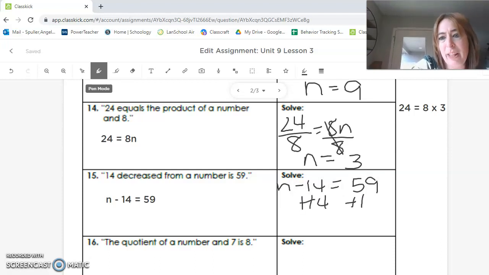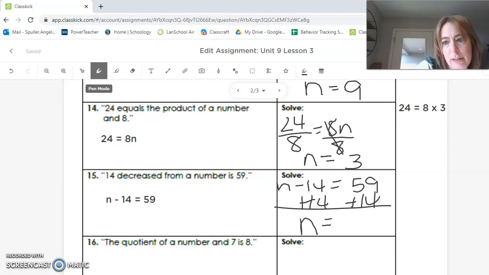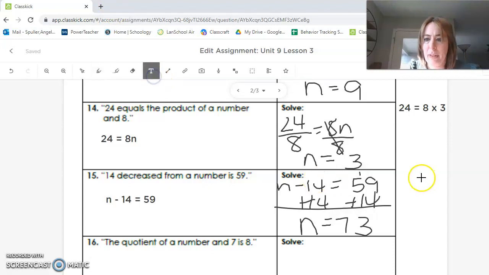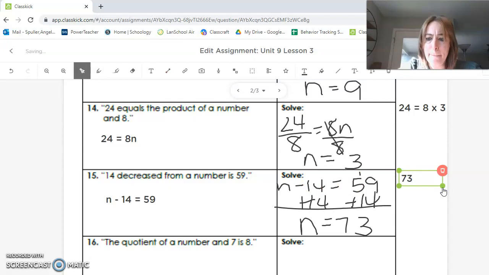Remember, I'm doing the inverse or the opposite. So n equals, let's see, that's 3, carry the 1, and that gives me 73. So let's prove it. 73 minus 14 equals 59. Very good.